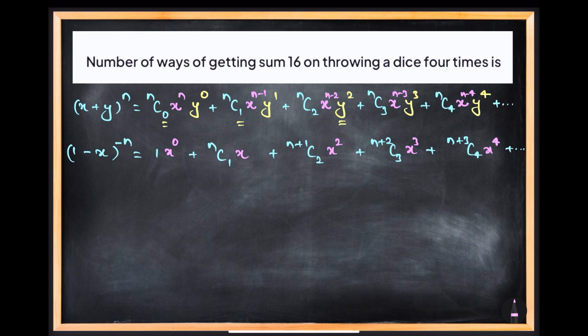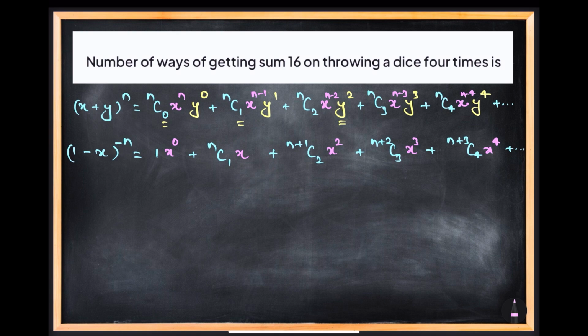So whatever the lower subscript of C is will be the same as the power of x, correct? And if you observe the upper subscript, it is n minus 1 less than the lower subscript. Now we will use these two ideas to solve our given question.